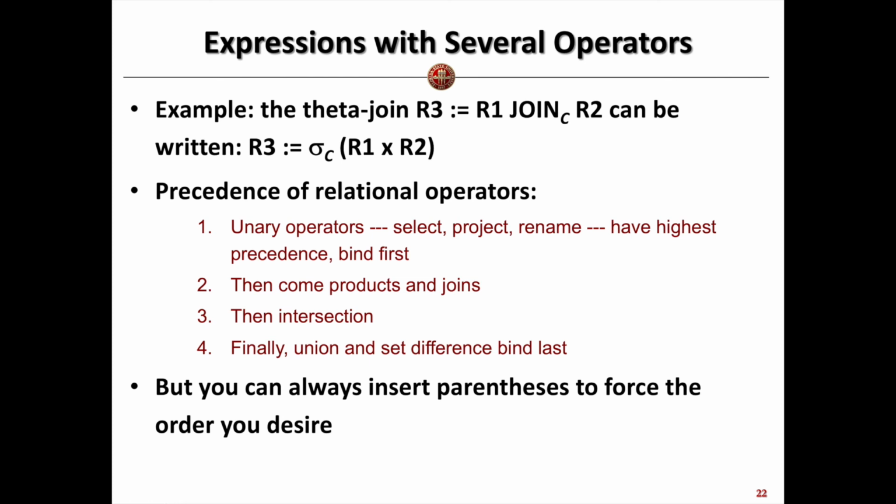Generally, among all the operations we showed before, we first calculate the unary operators, like select, project, and rename. They have the highest priority in the expression. And then we calculate the product as well as joins, and then the intersection, and finally we calculate the union and set difference.